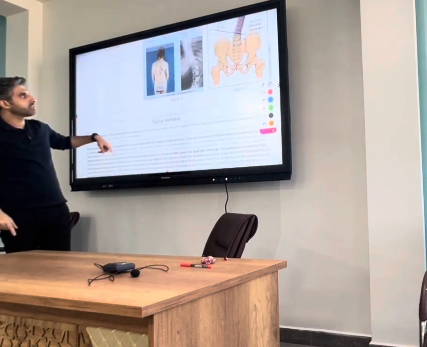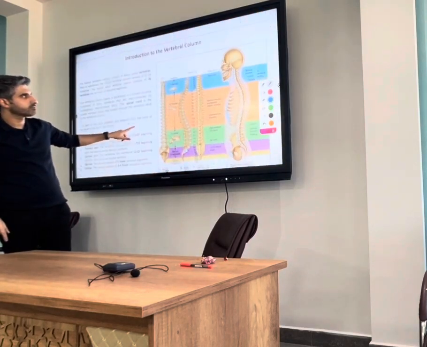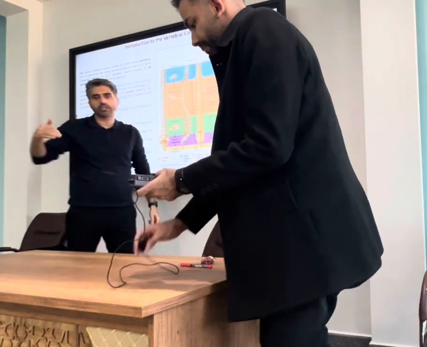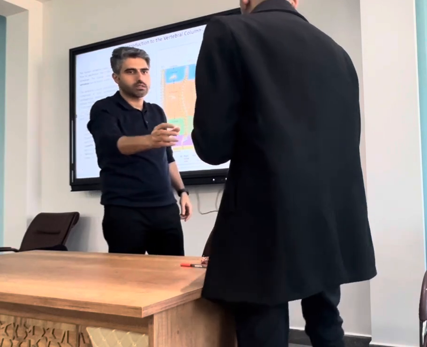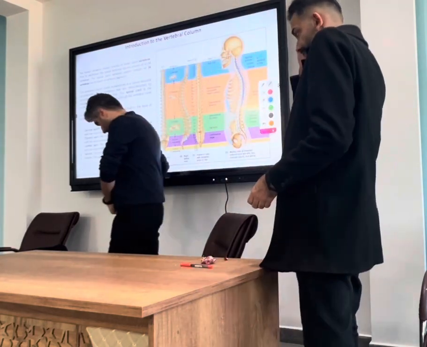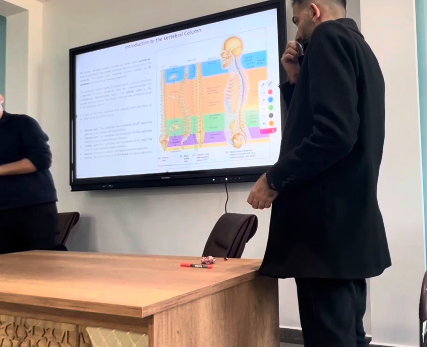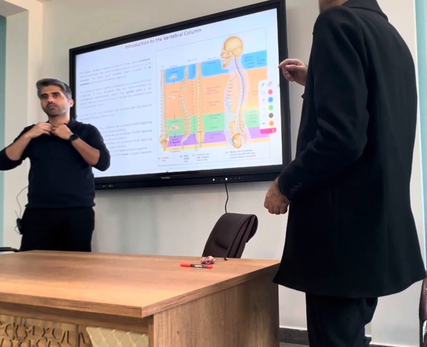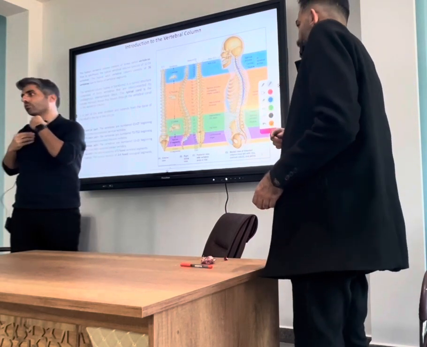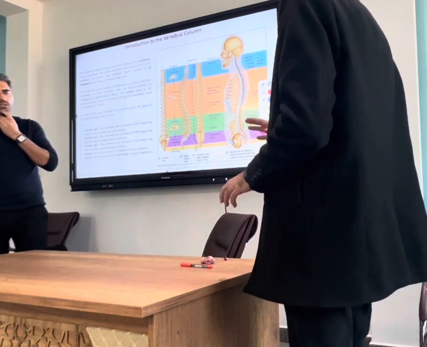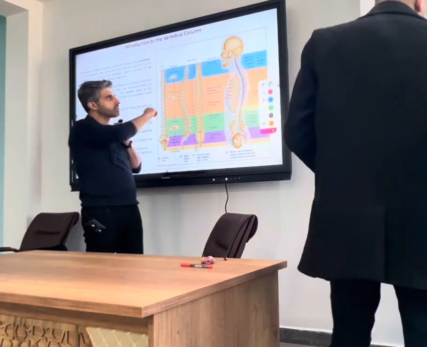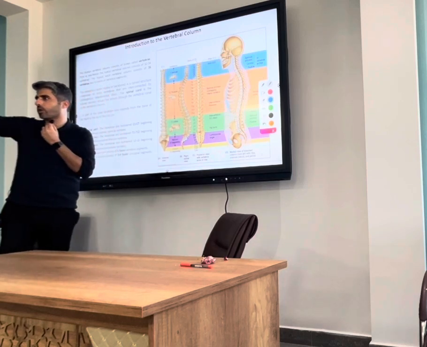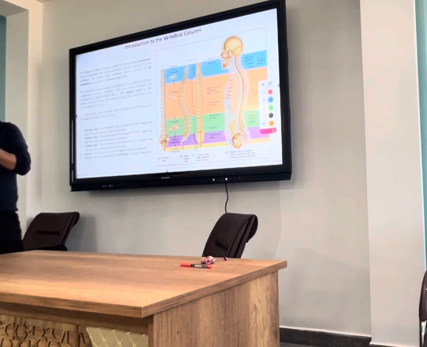This is vertebral foramen, and look at the canal here. Inside of the canal we have a spinal cord for CNS, for nervous system.